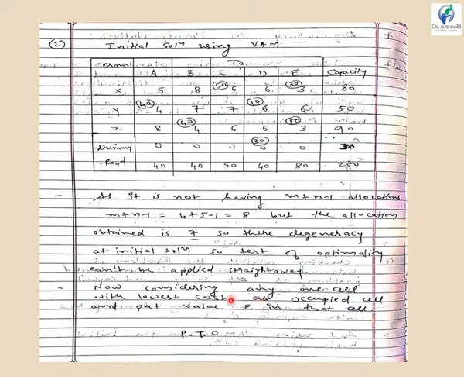using the MODI method. So now, considering any one cell with the least cost as an occupied cell, put the value epsilon in that cell. There are many unoccupied cells, meaning cells in which we have no allocation. We will consider any one cell out of the unoccupied cells as an occupied cell, and then we will see how the degeneracy can be removed.